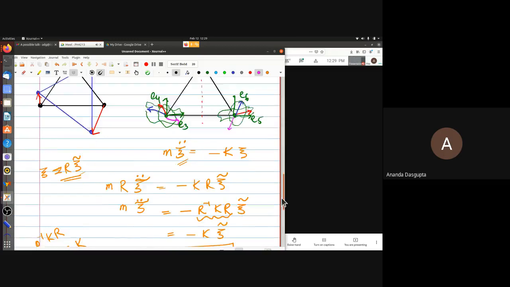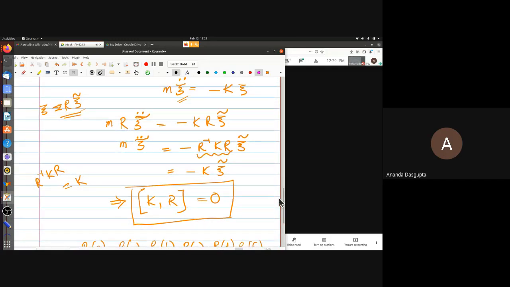Now remember, our aim basically is to find the eigenvalues and eigenfunctions of K, right? Those are my normal frequencies and normal coordinates, because that is what we are aiming at.